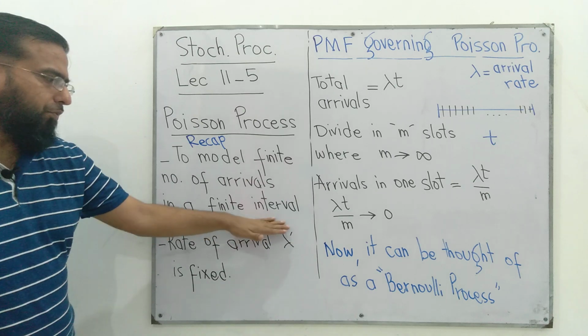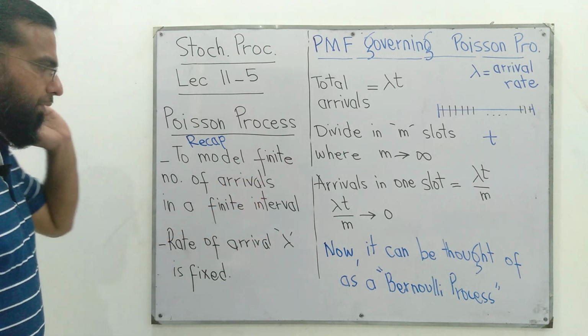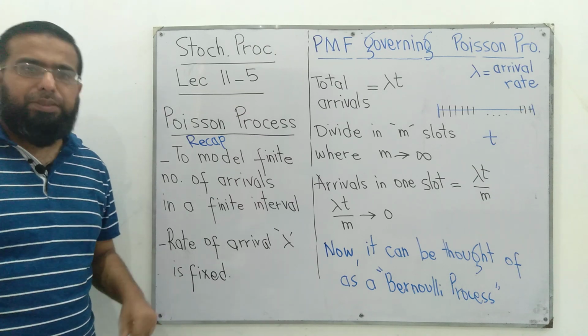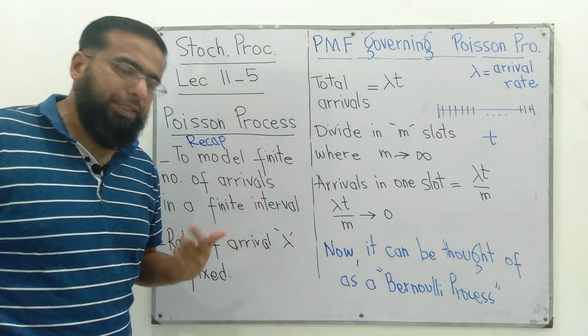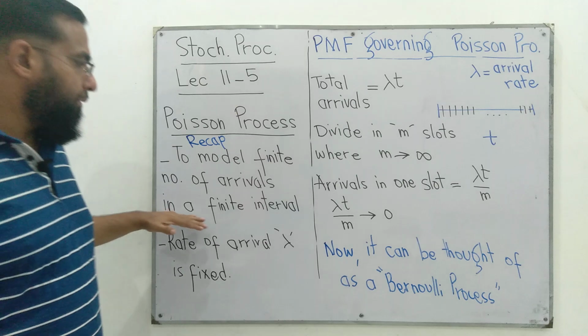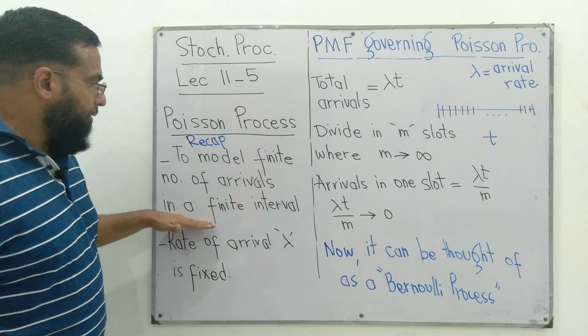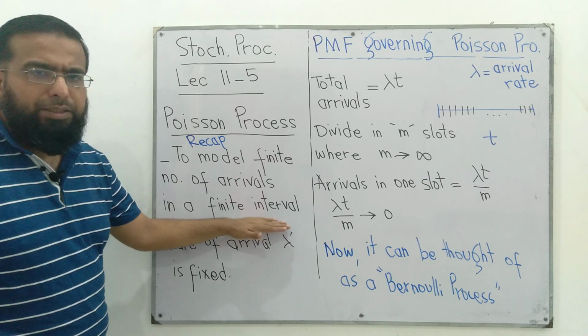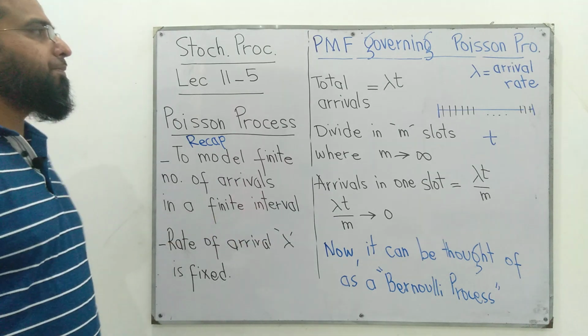The width of the interval can be variable, but the rate of arrival is fixed. Rate of arrival means number of arrivals per unit time. They are fixed. However, we can model it using finite intervals of variable length.